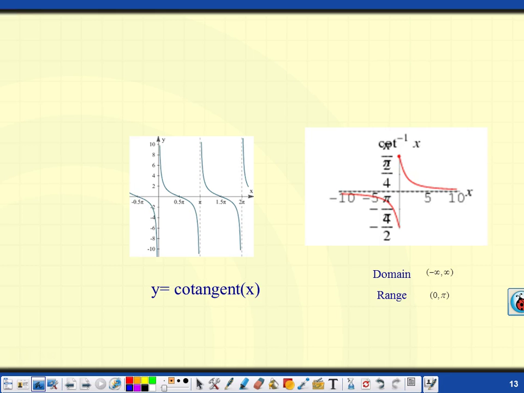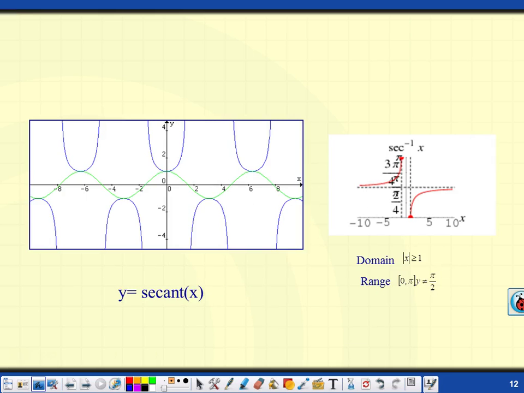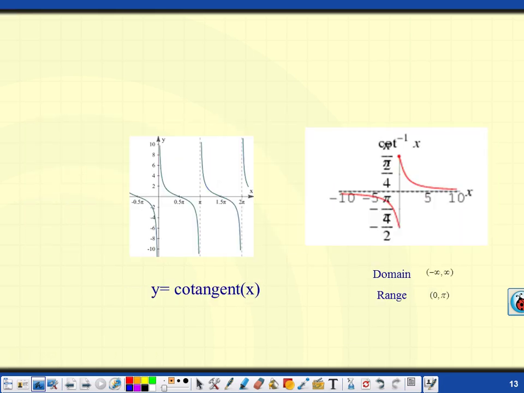Okay, so this is cotangent. Sorry, I went too fast. Cotangent is the reciprocal of tangent. It's 1 over tangent, so any place that tangent was 0, this has vertical asymptotes. If you remember tangent, it had vertical asymptotes at negative pi over 2 and pi over 2, and it was 0 right in the middle.